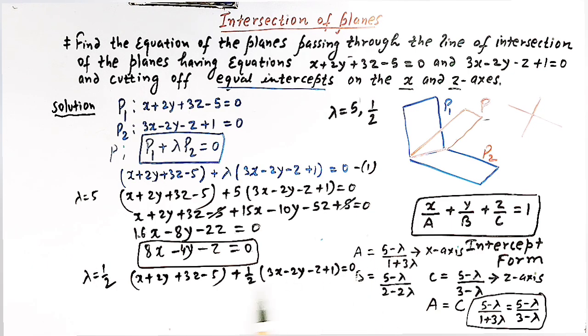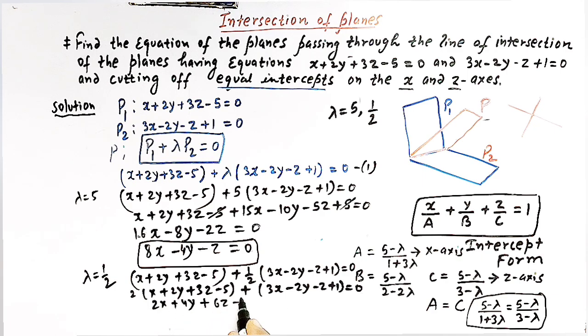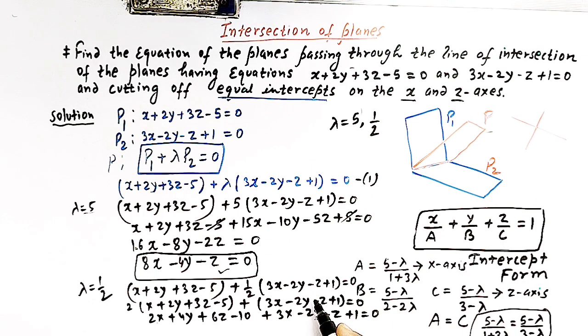So now multiplying throughout by 2, we can now write 2 times (x plus 2y plus 3z minus 5) plus 3x minus 2y minus z plus 1 is equal to 0. So we can now write 2x plus 4y plus 6z minus 10, plus 3x minus 2y minus z plus 1 is equal to 0.